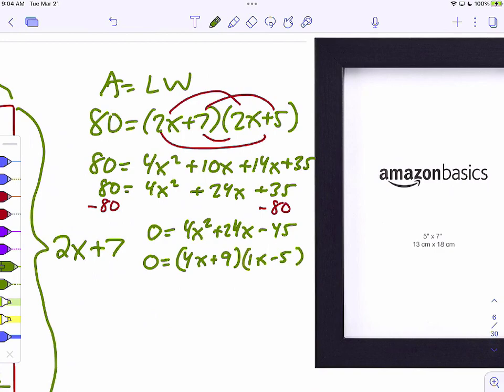That's not working either. Switch this around. Let's try 5 and 9. That's -36 and 5.